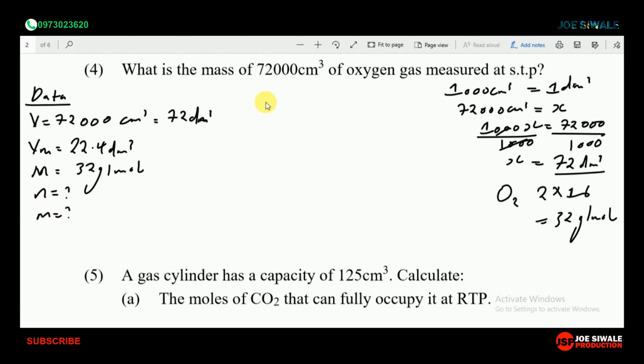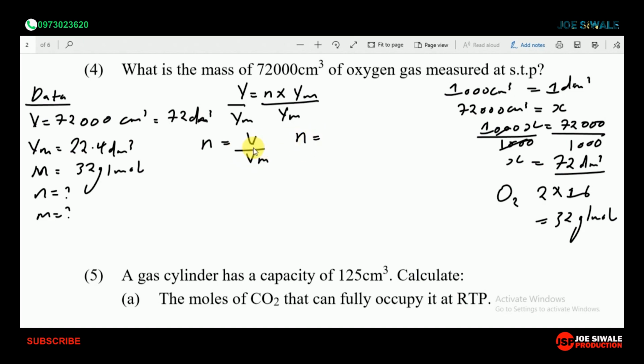The first thing is to calculate the number of moles, and we know that volume is equal to number of moles multiplied by the molar volume. So to calculate the number of moles, we divide by the molar volume. The formula is number of moles is equal to volume divided by the molar volume.